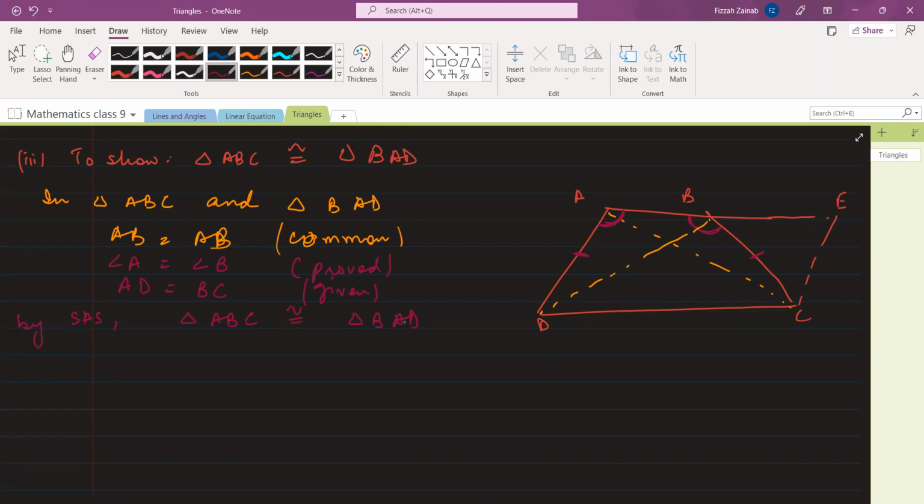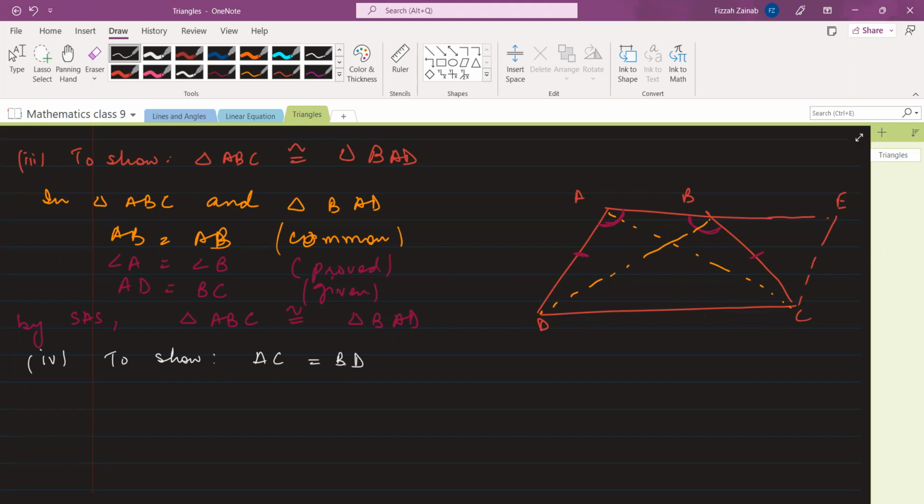Oh, there's a fourth part also. Let me just continue here. So in part 4, you have to show that AC is equal to BD. So from CPCT, you can say that, right? Because the triangles are already congruent.